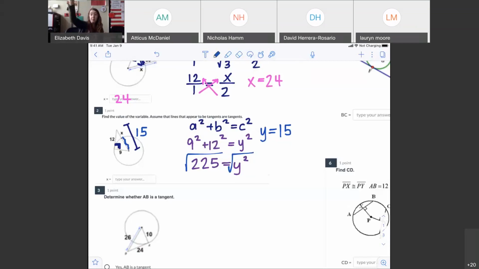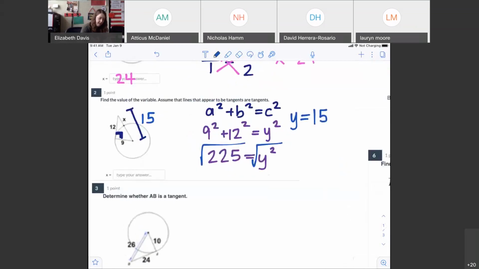Because remember, the radius is the same all the way around the circle, right? So if this piece right here is 9, that means that this piece is also 9. So what is left for x if that whole thing is 15 and that other piece is 9? 6, beautiful. So x equals 6.